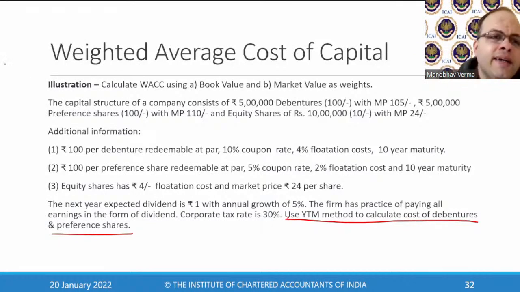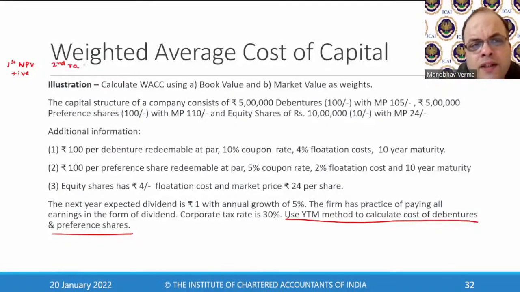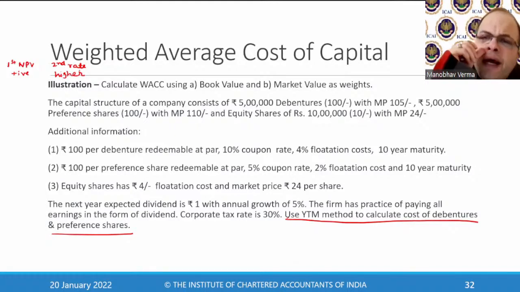So if my first NPV is positive at the first rate, then the second rate will be a higher rate. Similarly, if at the first rate the NPV is negative, then the second rate should be a lower rate. As simple. That's what I discussed on Tuesday.